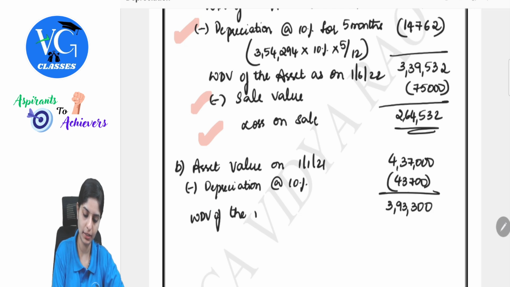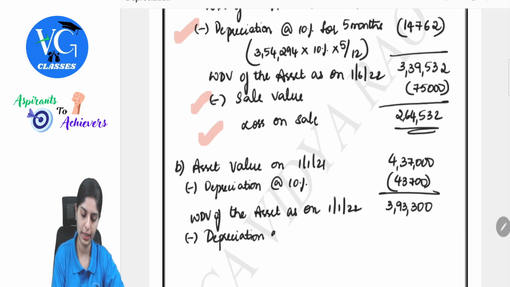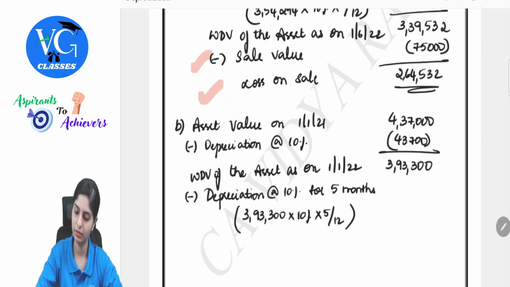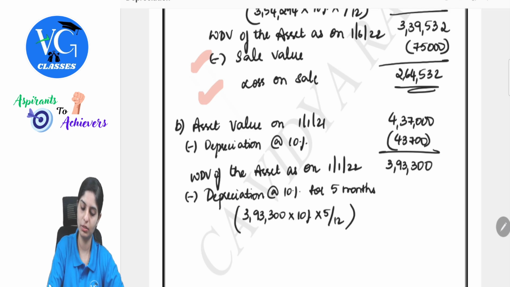WDV of the asset as on 1st Jan 22 minus depreciation at 10% for 5 months, 393,300 into 10% into 5 by 12. So this will be 16,387.